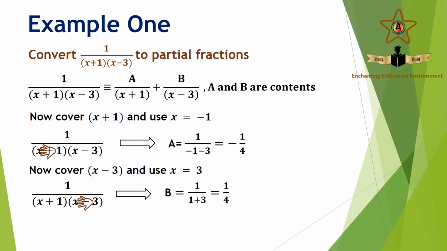Now we get b = 1 over (3 + 1), that is 1 over 4. So we add -1 over 4(x + 1) plus 1 over 4(x - 3), which should yield 1 over (x + 1)(x - 3).